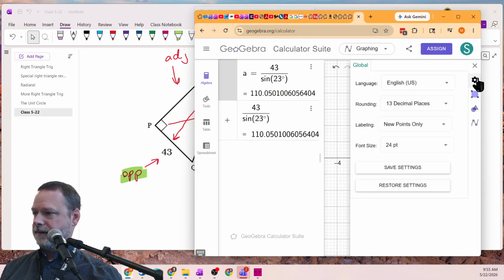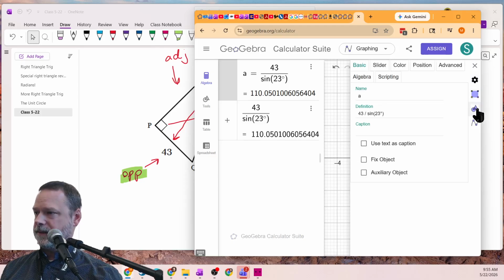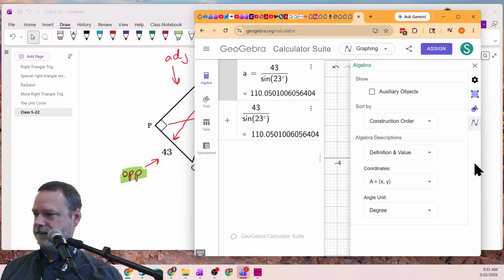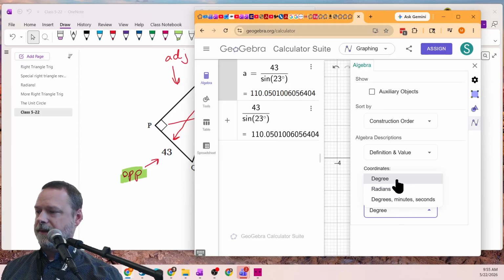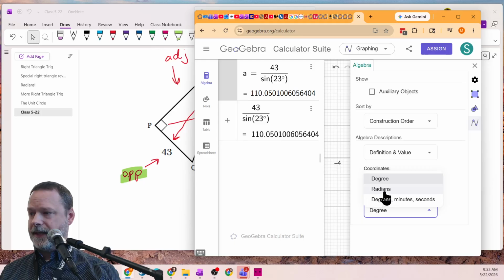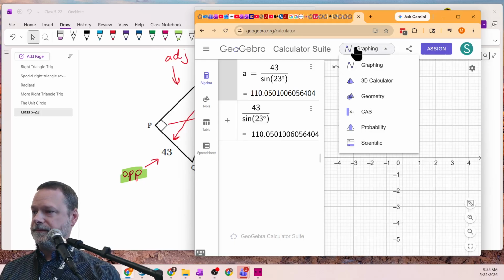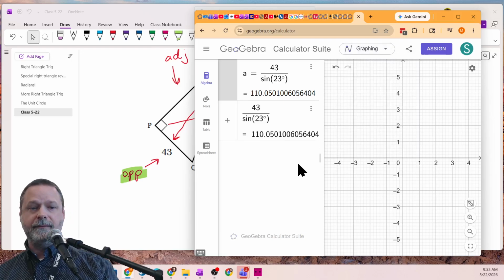Here it is, angle unit. Click here, angle unit. It was already in degrees. If I want radians, I can switch it right there. Whatever calculator you're using, make sure you pay attention to that.